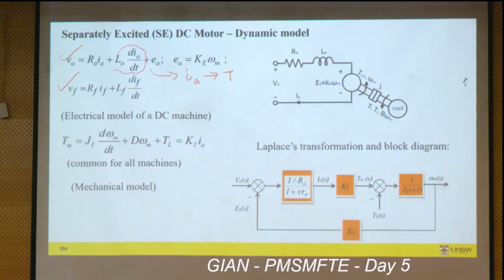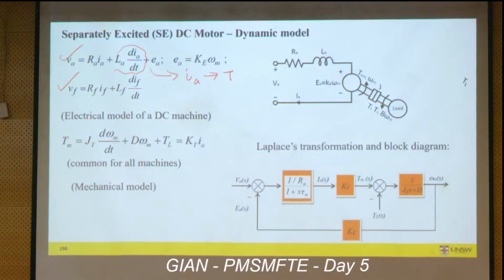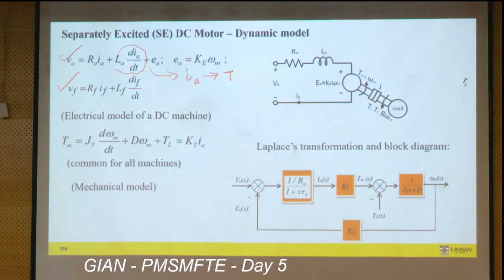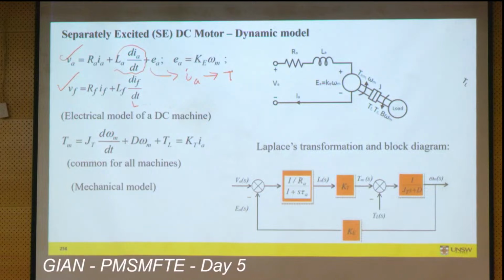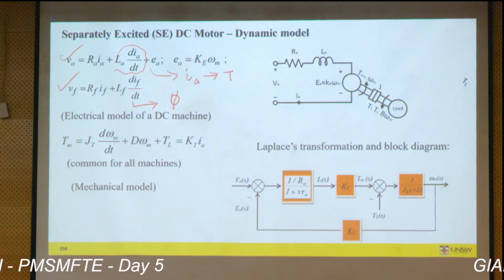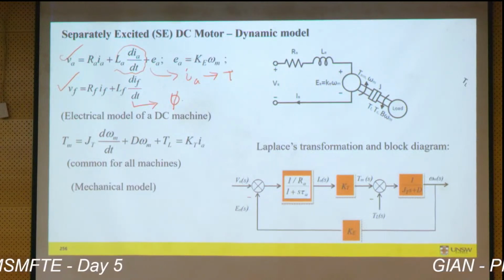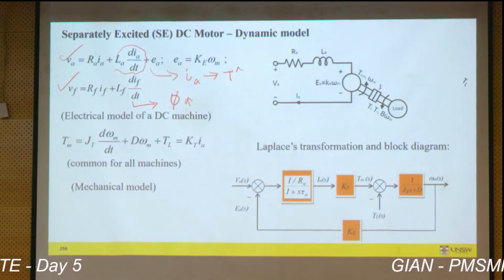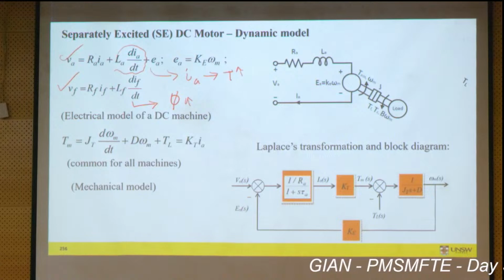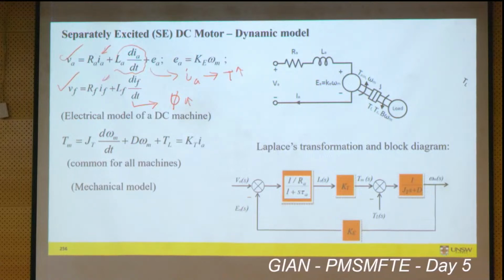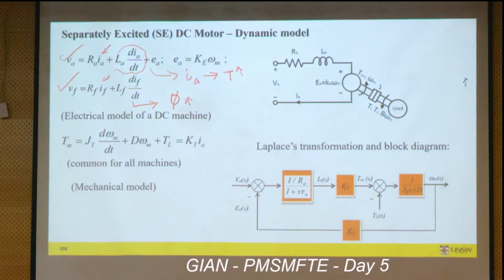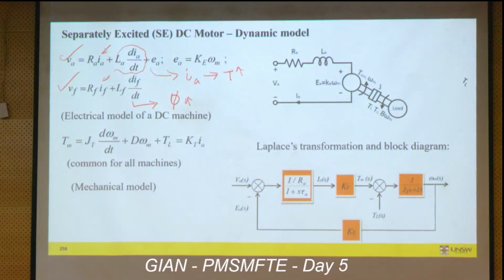So the armature circuit gives us the torque, and the field circuit gives us the flux, right? They are decoupled from each other, and controlling flux and torque independently is easy in a DC motor. On top of that, the current and voltage quantities are DC, so that also makes control design easy.